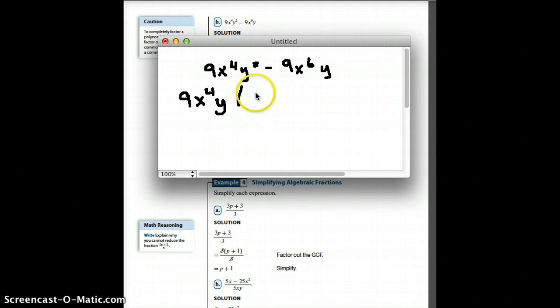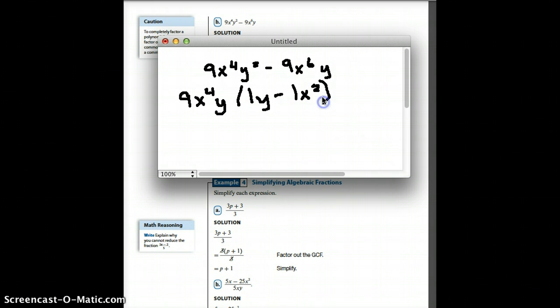Now we can go ahead and see what's left. Divide the big numbers. 9 divided by 9 is 1. If I took out 4 x's, there's no x's left. I took out 1 y, there's 1 y left. Minus 1. I took out 4 x's, 2 are left. You see that? 6 minus 4 is 2.